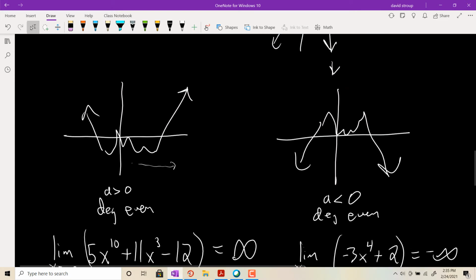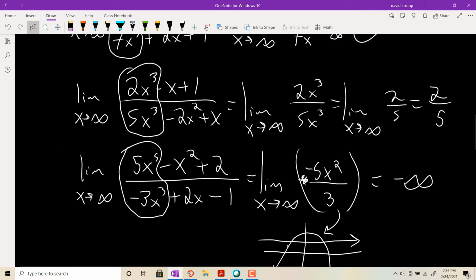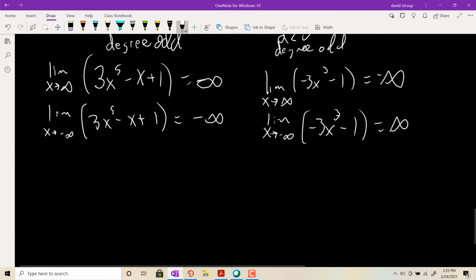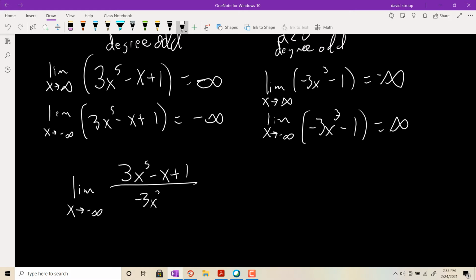So rational functions back up here are basically just ratios. If you do end up with the higher degree term in the numerator, so for example, the limit as x goes to negative infinity of 3x to the fifth minus x plus 1 all over negative 3x cubed minus 1, you could take the ratio, right?